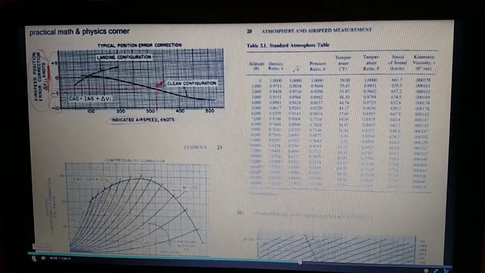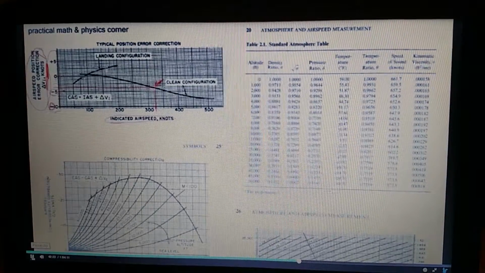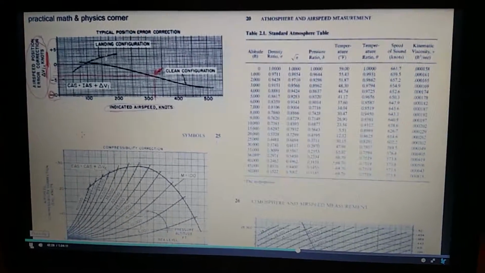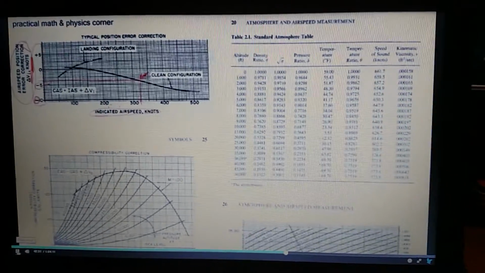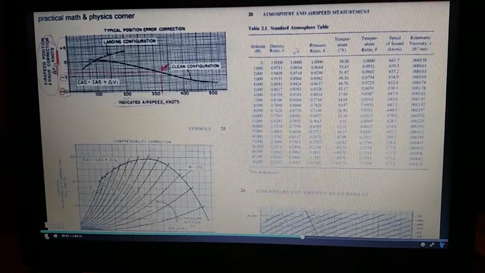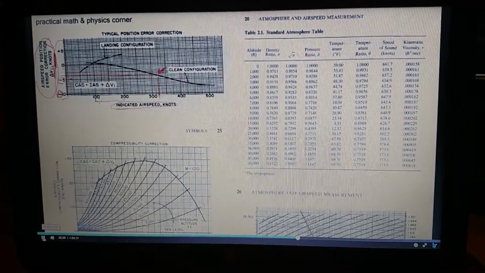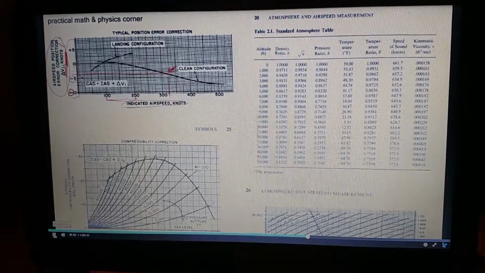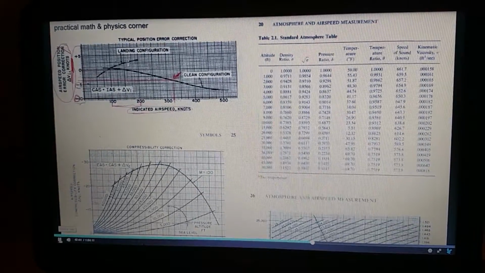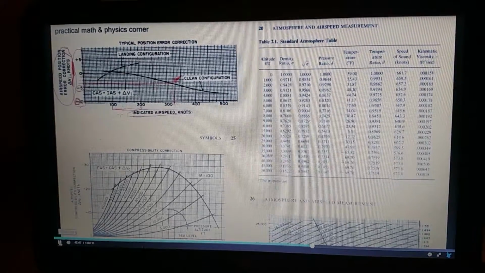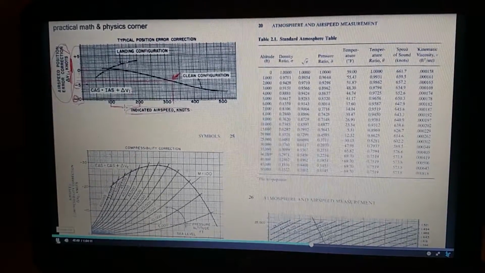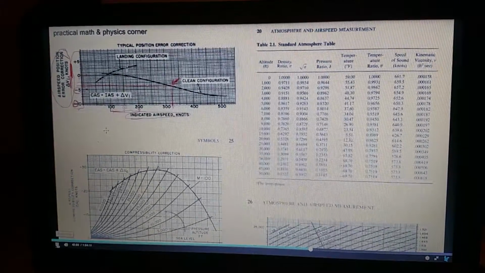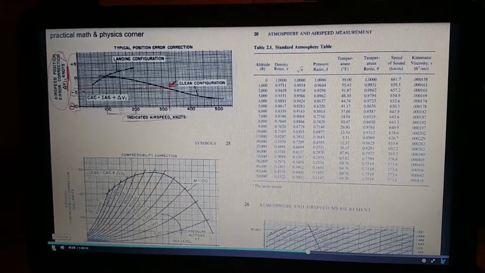Second thing, I already mentioned it a little bit, watch what type of minus or plus symbol is on there, so that you don't apply the correction the wrong way. And the same for the interval in between numbers on the bottom here as well, because this interval is not the same as on the left side. So here are 20 little squares in between 100 and 200, which basically means 10 little squares are 50 knots, which means each square is 5 knots for your application of numbers when reading the chart.